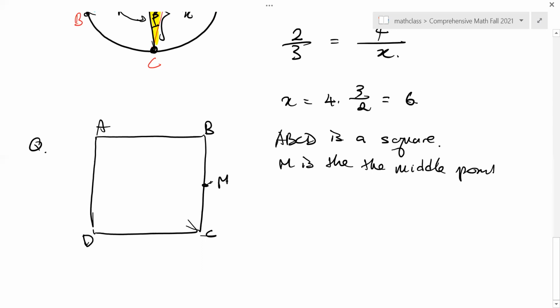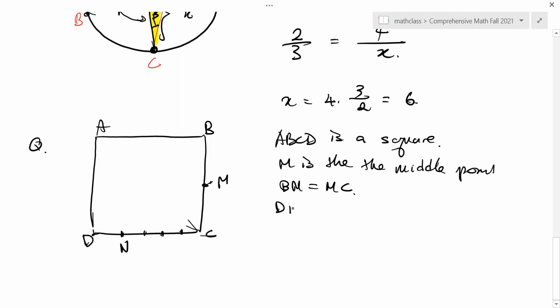That's M. So what I'm going to do is choose N. N is going to be at 1, 2, 3. That means M is the middle point, so BM is going to be MC.